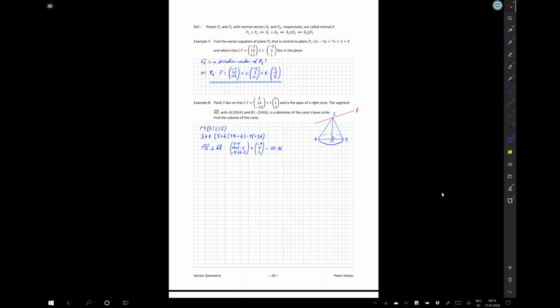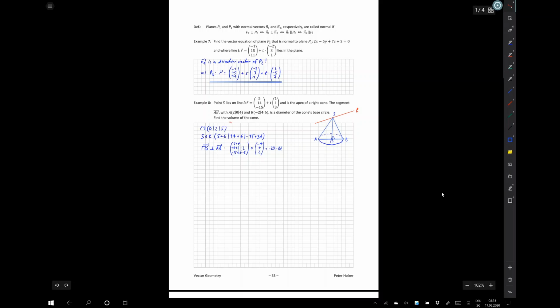Let us complete now example 8, with which we started at the end of the last lesson. We found out that the apex S of the cone that lies on the line L has to lie vertically above the midpoint of the diameter AB of the base face of the cone.